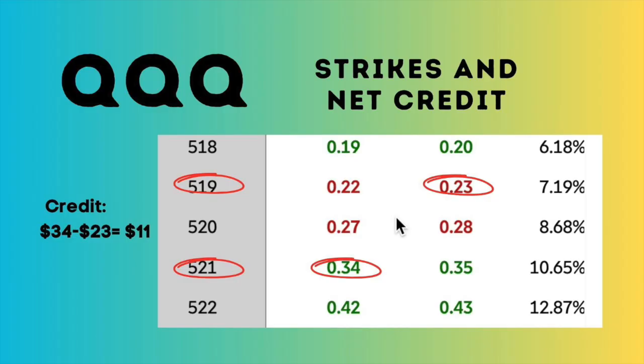Remember, these numbers fluctuate in real time as buyers and sellers negotiate. Let's say the bid price for the short put is 34 cents and the ask price for the long put is 23 cents. The difference, 11 cents per share, is the net credit you can confidently anticipate. You might aim for more, but 11 cents a share is your fallback in a less liquid market.